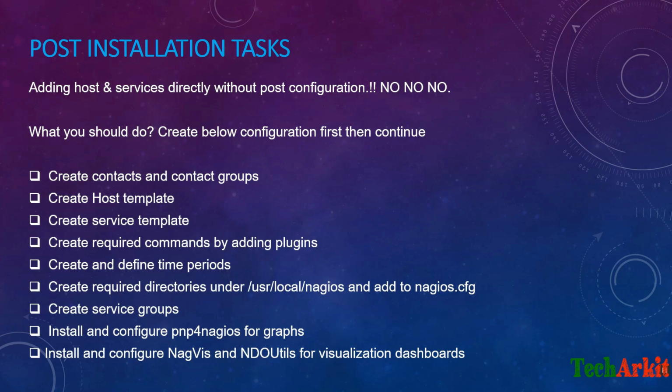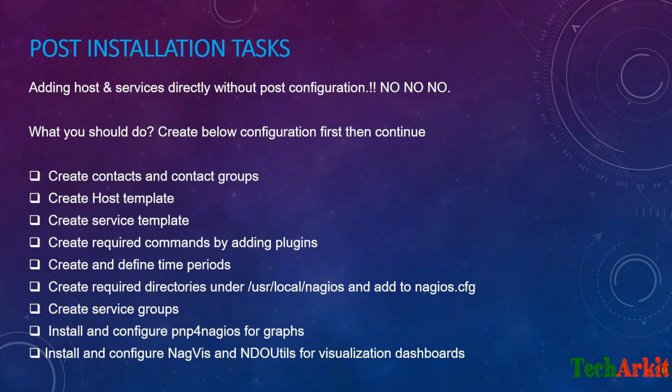Install and configure Nagios and the NDO utilities for the visualization dashboard creation. If you deploy Nagios and everything first, and only after that configure Nagios and NDO utilities, then at a later point in time, if any configuration gets messed up, it would be a tedious job to troubleshoot the issue.